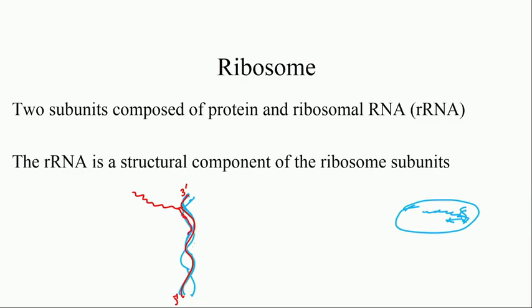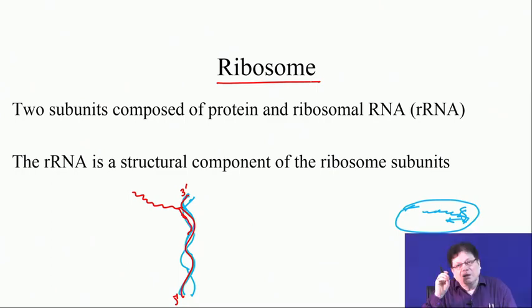The synthesis is not complete yet, but because there is no separate compartmentalization of this process, wherever there is this protein making factory, which is called the ribosome, which is also present in the cytosol, the ribosome will now start on this and start making the proteins.